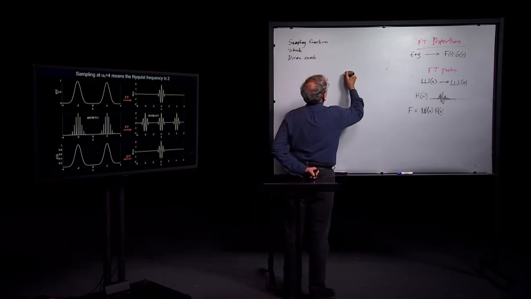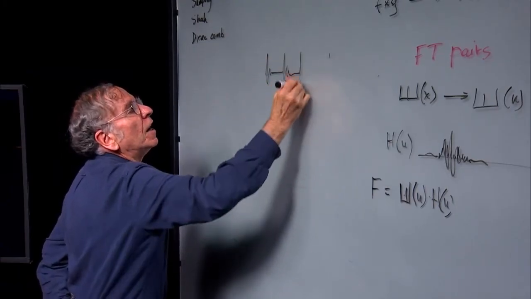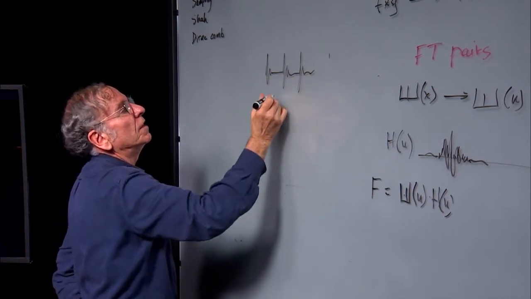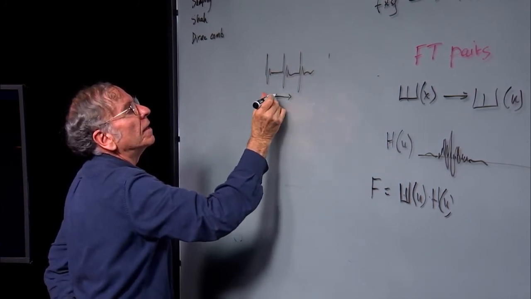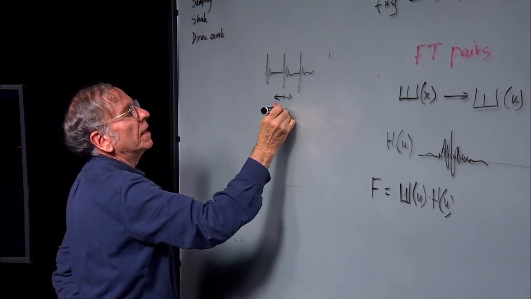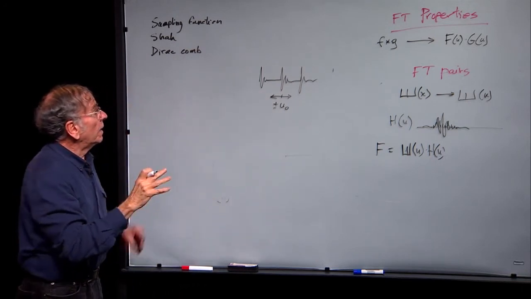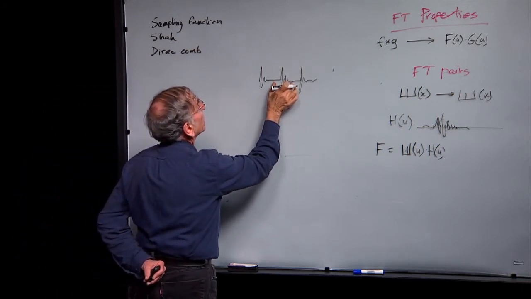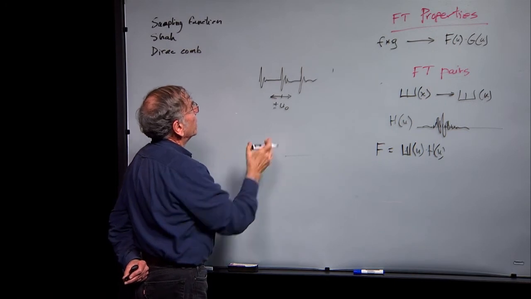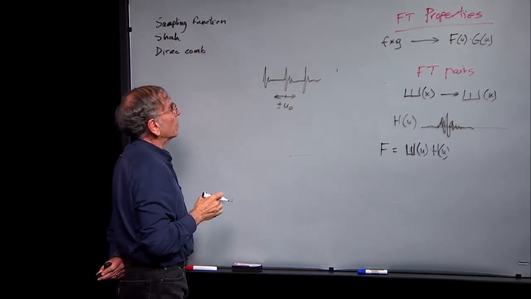So here's how it works. Let's suppose these are my copies of the original G of U, and so this band here is going to be plus or minus U naught, the frequency range over which I can expect that there is not going to be aliasing, and therefore that I can use in doing a reconstruction.